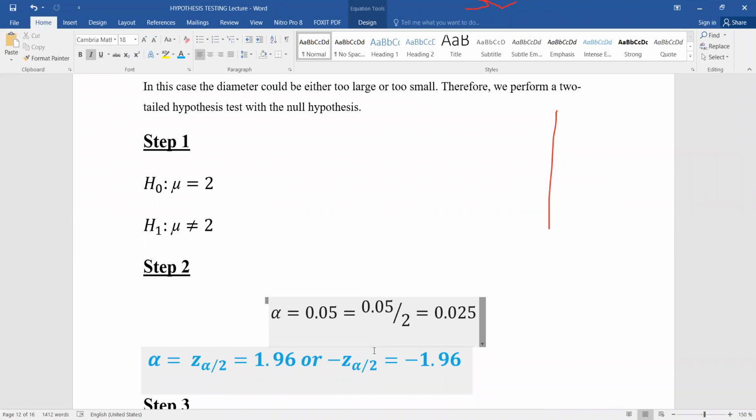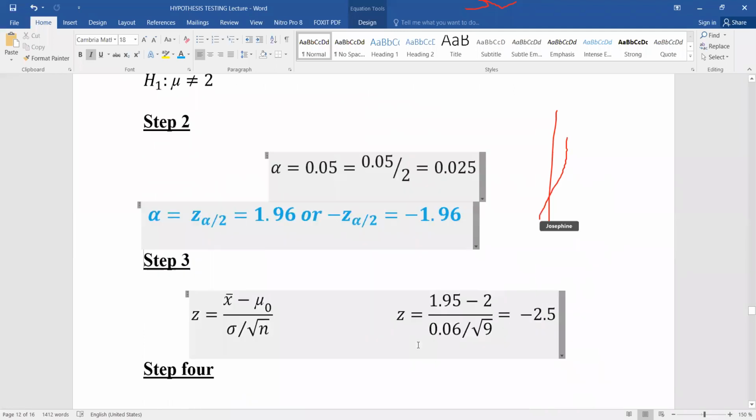Several guys are saying negative 2.5. How else? So negative 2.5.